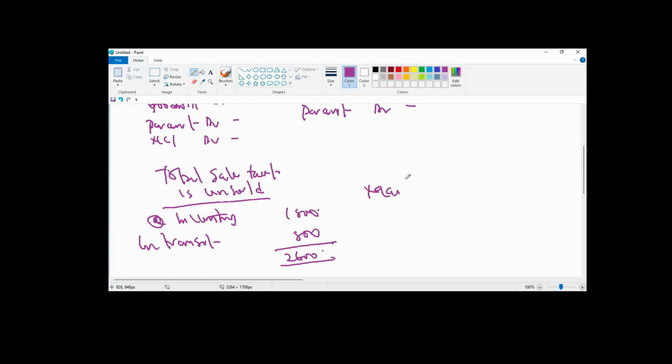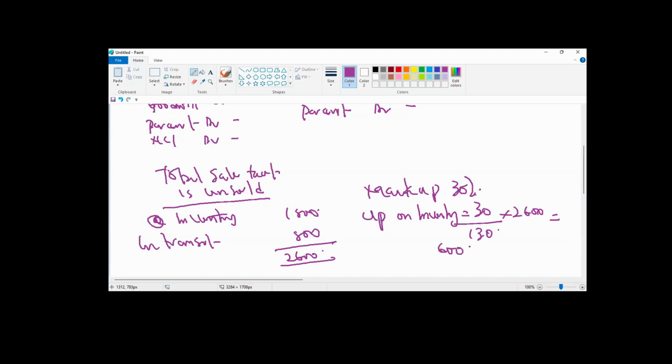What is the markup? 30%. So unrealized profit on inventory equals 30 over 130, that is 100 plus 30, times total unsold, 2.6. What does he give us? 600.